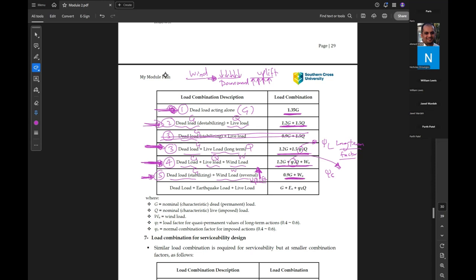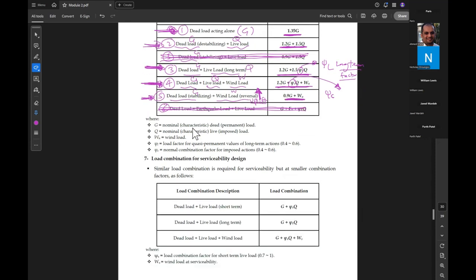Okay, number 6 is for earthquake, which is not in our focus. So no need for this one. So these are the main 5 load combinations we will be looking at in our calculation in steel.